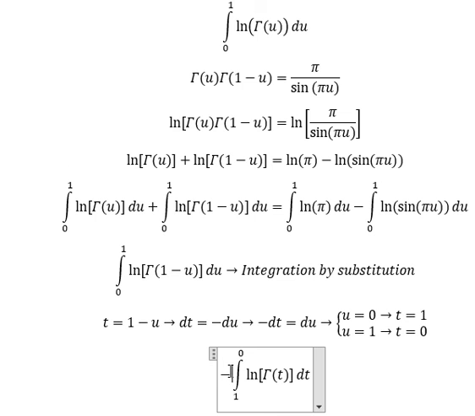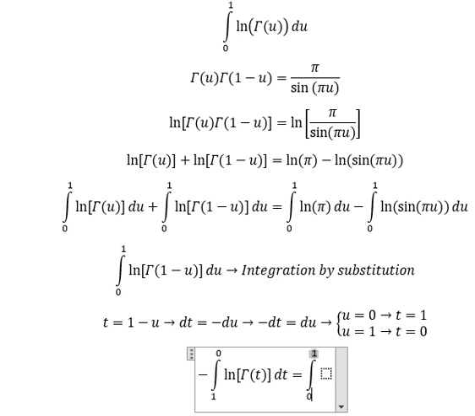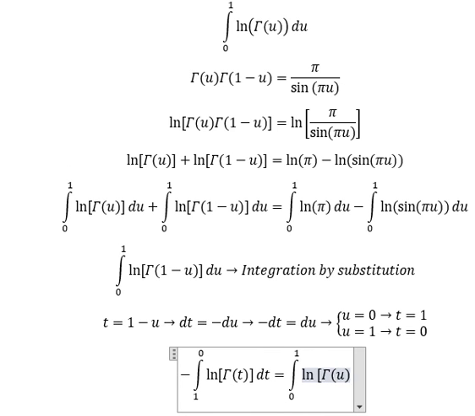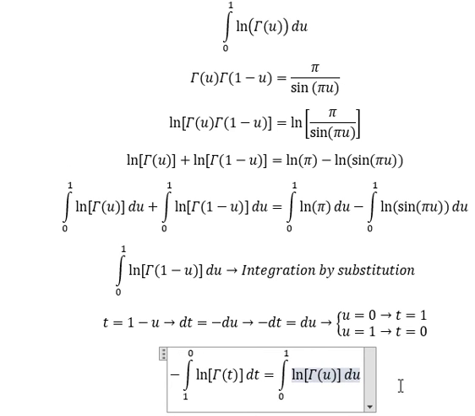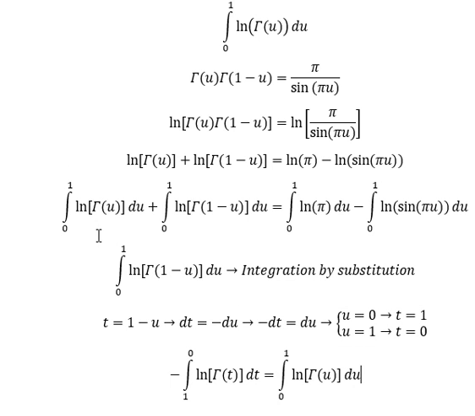Because we have the negative sign here, we can swap the top and the bottom together, and you get the integration from 0 to 1 of ln of gamma of u du. So that means this one equals to this one.